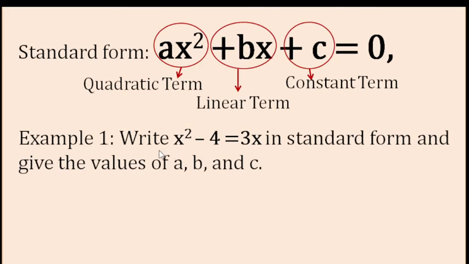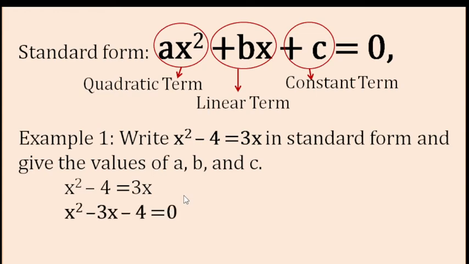We have here example number 1: write x squared minus 4 equals 3x in standard form and give the values of a, b, and c. All we need to do is to arrange this equation so that it will follow this form: quadratic term, linear term, then constant term.